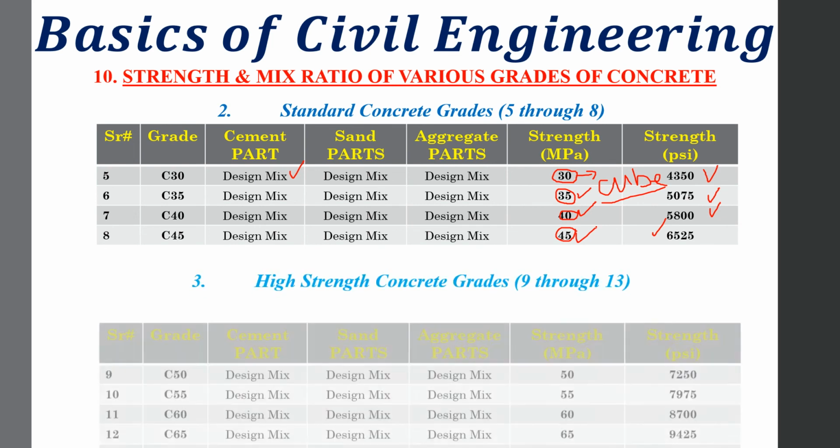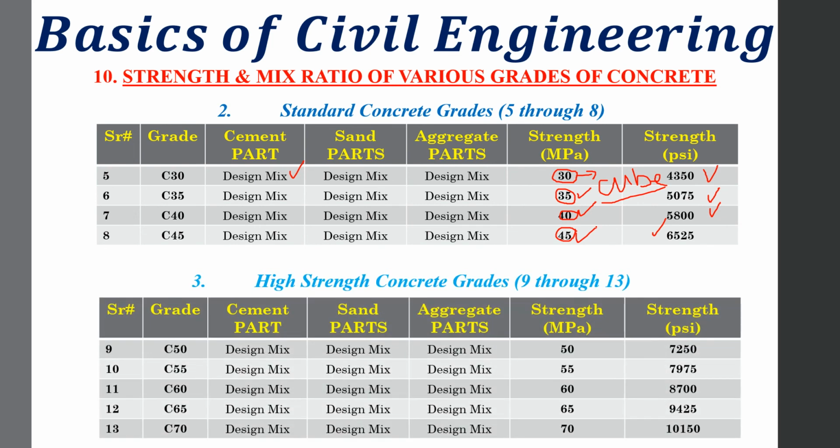So in high strength concrete grades, number 9 through 13, C50 to C70, you will have to design the mix to achieve 50 megapascals for this, 55 megapascals for this, 60 for this, 65 megapascals for this, and 70 megapascals for this. Keep in mind that these strengths are different from ACI code because these strengths are cubical strengths.